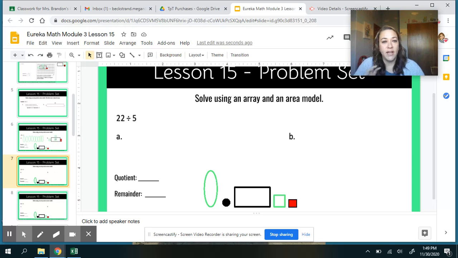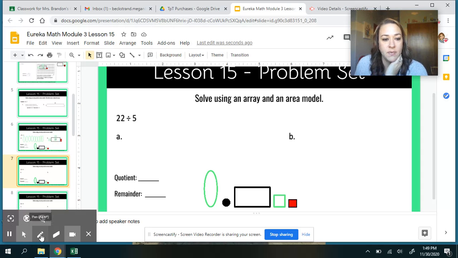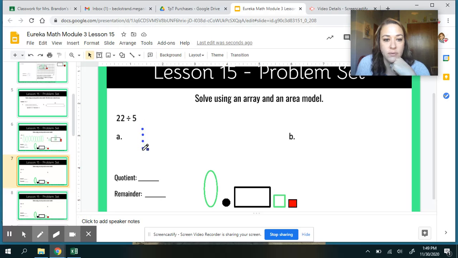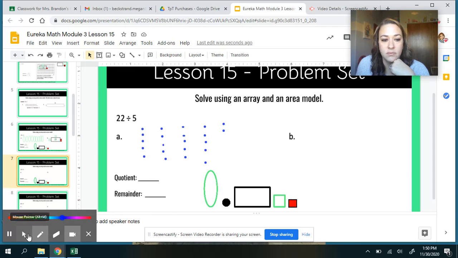Okay. 22 divided by 5. So I'm making groups of 5. How many groups can we make if I have 22 total? Okay. Groups of 5. Ready? 1, 2, 3, up through 20, 21, 22.